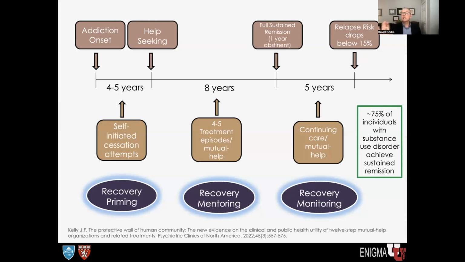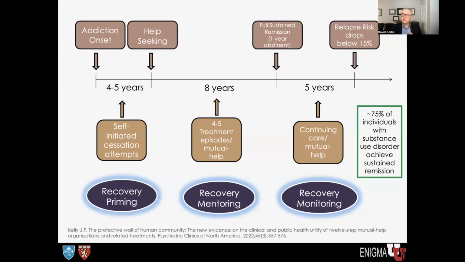Some people take many more treatment episodes to achieve 1 year of sustained remission. But this just shows that it takes multiple attempts on average for people to achieve recovery. So we shouldn't be giving up on them because they didn't get better the first time or the second time, or even the 5th or 6th time. We keep trying. We stick with people.